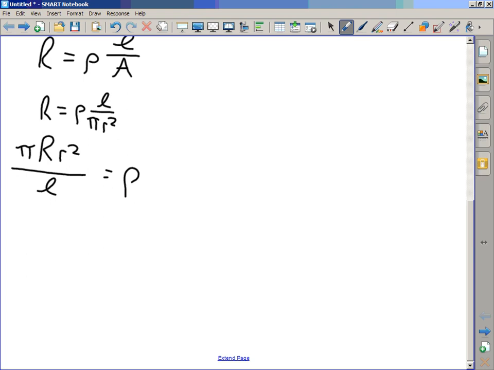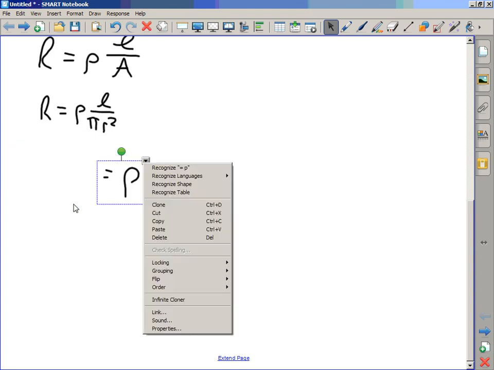Are you okay with that, just moving around letters? When you do it with numbers, can you just find L over pi r squared and then divide that by resistivity? Yes. Let me come back and try to do this again to help us understand it. Let me work this in different steps.